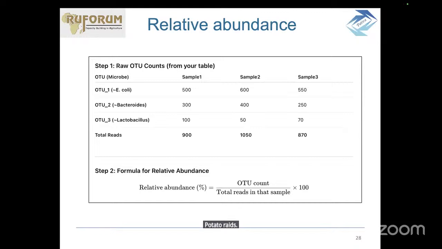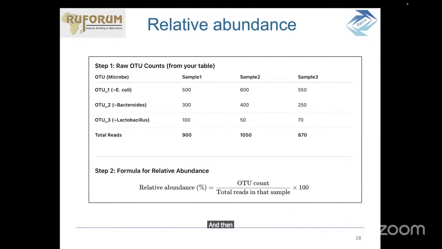Okay, so I want us to be very simple here. Assume we sent our samples. We have 3 samples. We collect our samples from the forest. We got our DNA from those samples and sent them for sequencing somewhere.